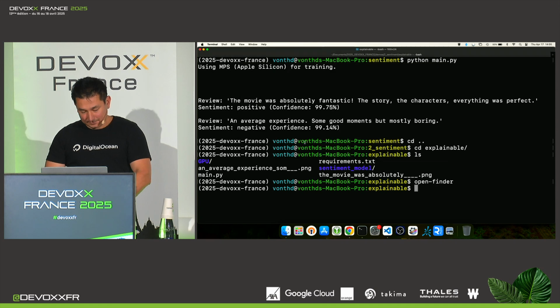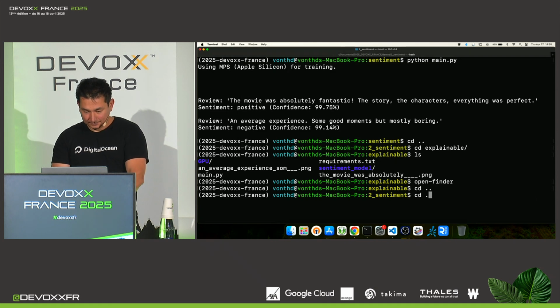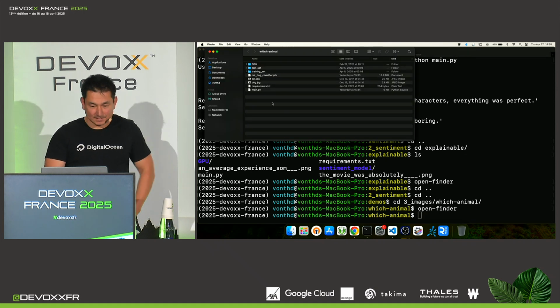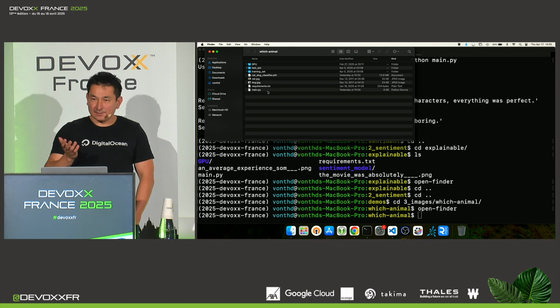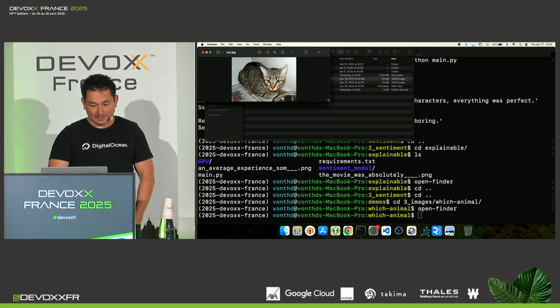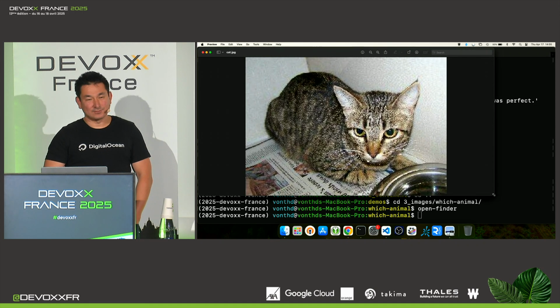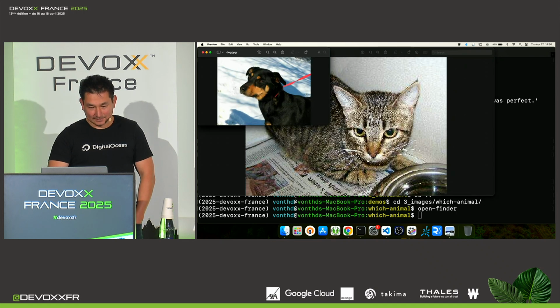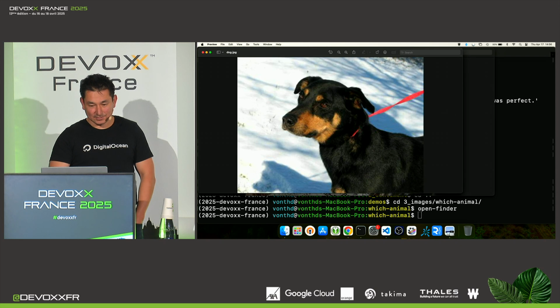You can also do it for vision. Like I said, we're going to do a dog and cat classifier. I have a picture of a cat, and I've already trained the machine learning models, since it would take forever to do that in real time. And I have a picture of a dog. These are the two pictures I'm going to use for inference.